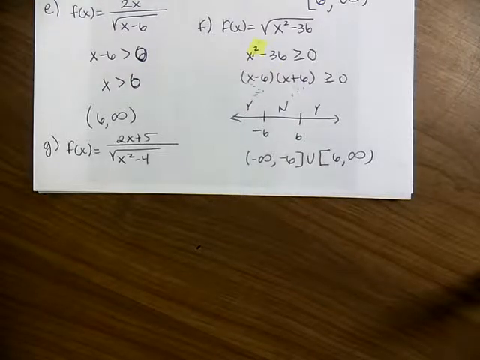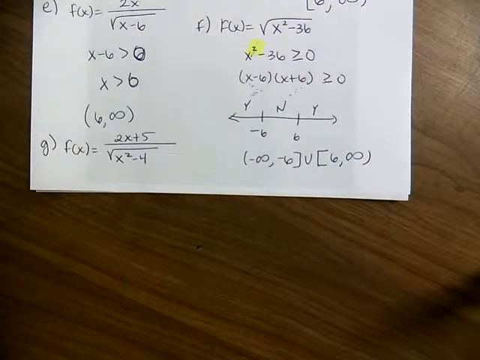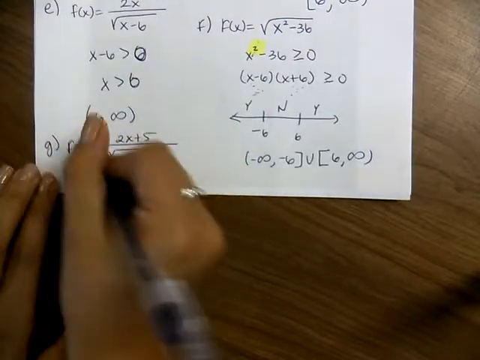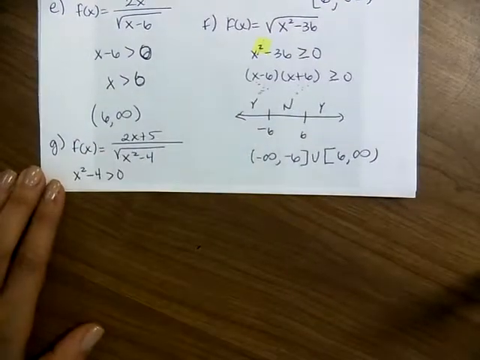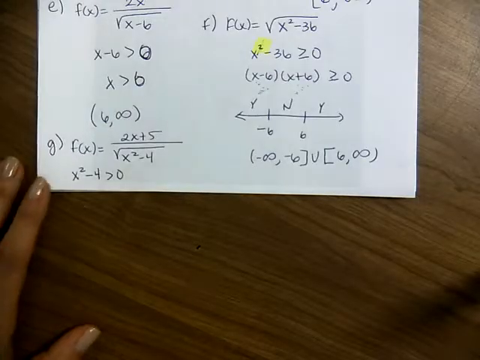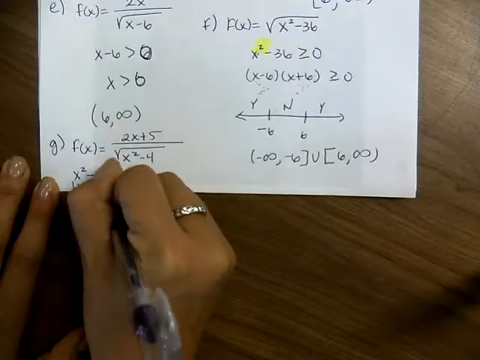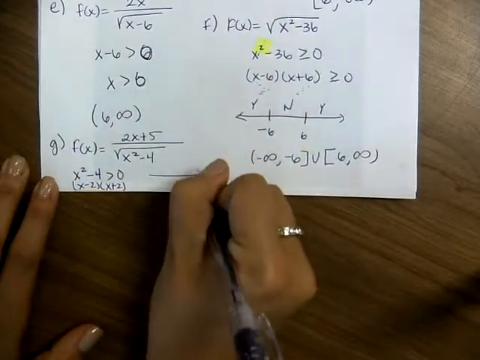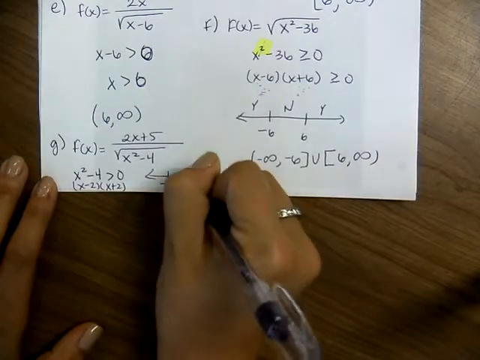Yeah, do you see the only difference here is I'm going to set it just greater than 0 now because, again, I'm in the denominator, so I'm combining the ideas of B and F into 1, okay? So now we're going to do x squared minus 4 is greater than 0. Again, this is quadratic. I have to factor it. I cannot work on both sides. So I get x minus 2 times x plus 2. Right? So that creates those critical values that go on my number line.